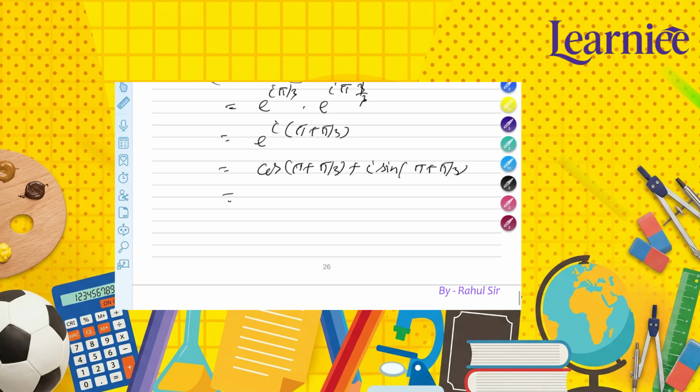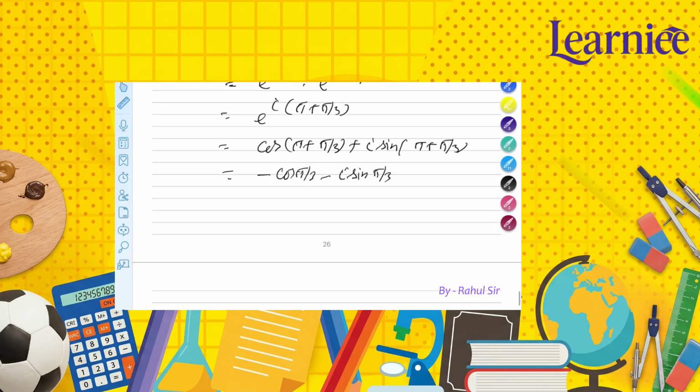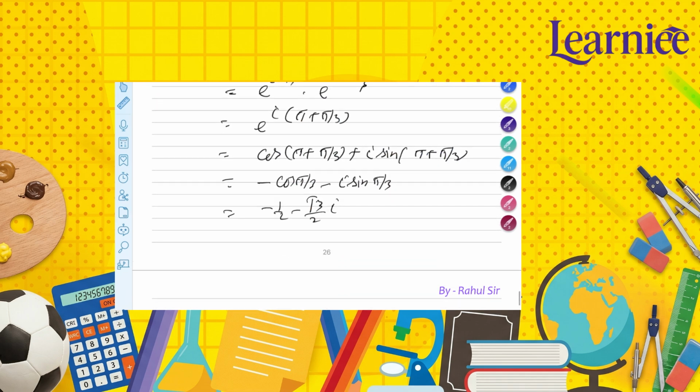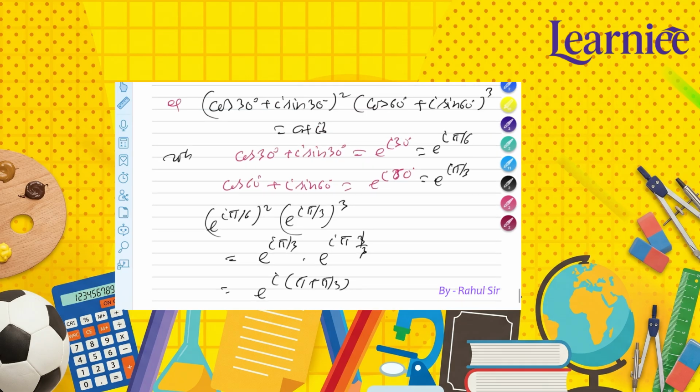So it is minus cos pi by 3, because pi plus pi by 3 goes in the third quadrant, and in the third quadrant sin and cos are both negative, minus i sin pi by 3. Okay. And cos pi by 3 will be minus 1 by 2, and minus sin pi by 3 is minus root 3 by 2 i. So essentially this trigonometric form is converted into a standard form using the Euler form.